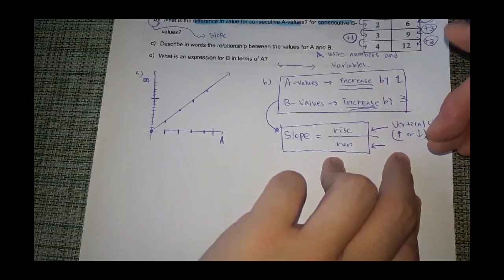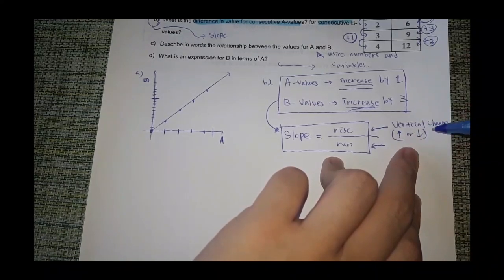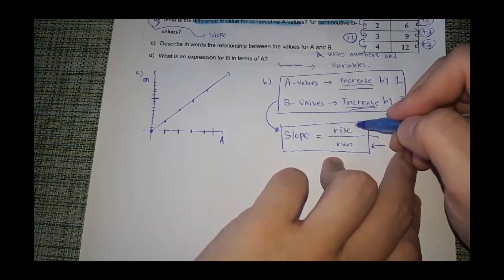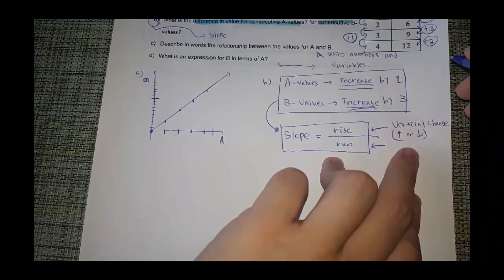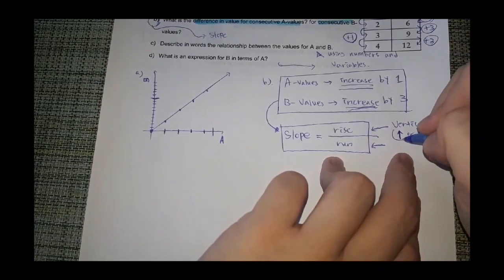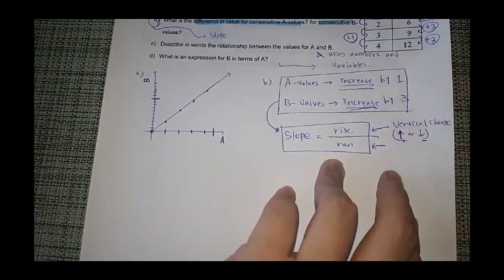This is the reason why I don't like using it, because in slope, you can actually have a drop of the graph. Decreasing is also possible. So just because you use the word rise over run, it's not always positive, just a heads up. If there's a vertically increasing situation, then it's positive. If it's going up to down, then it's negative.